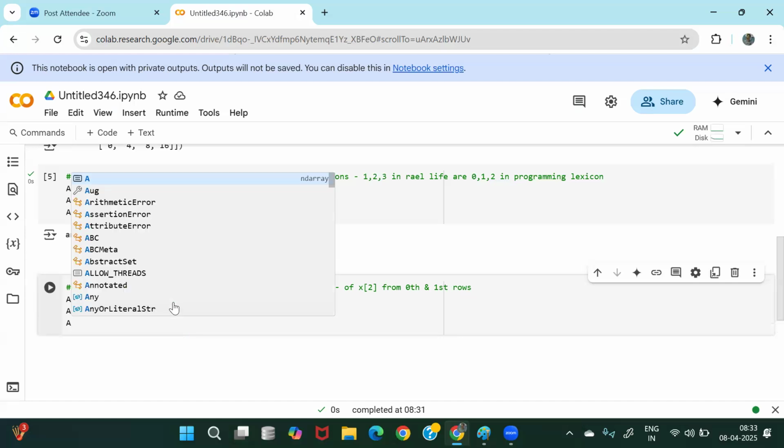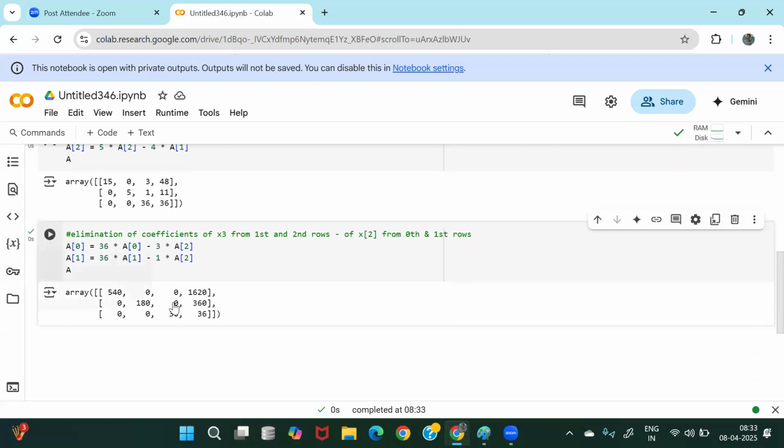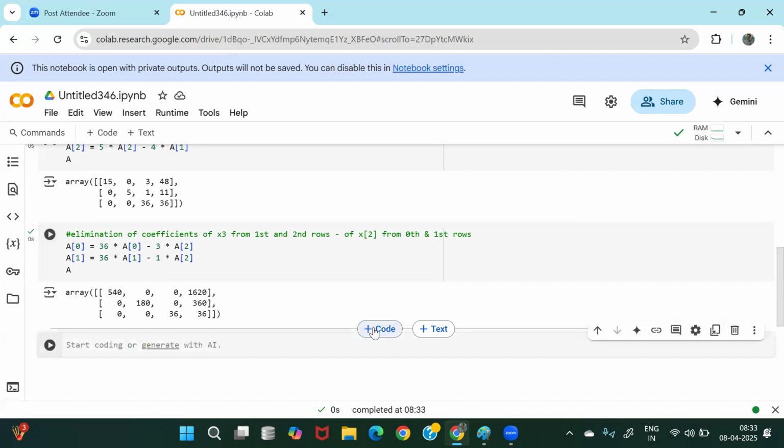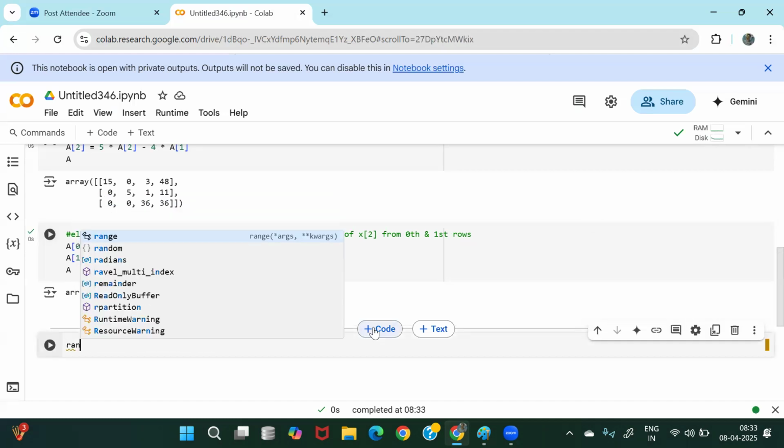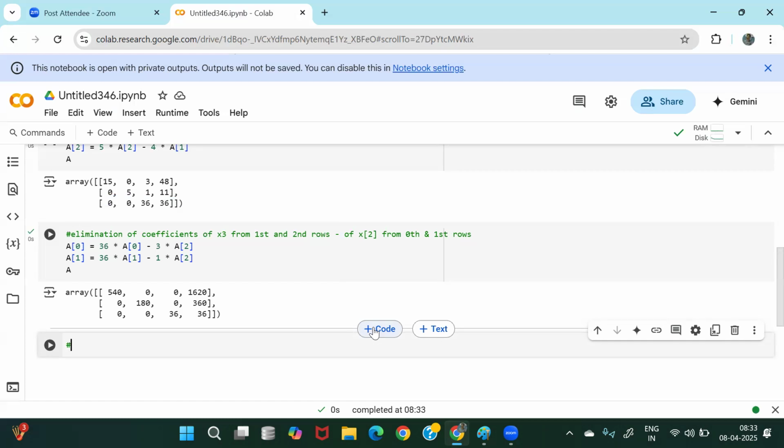So check. Now you got the echelon form. There are 3 non-zero rows. So rank is 3.